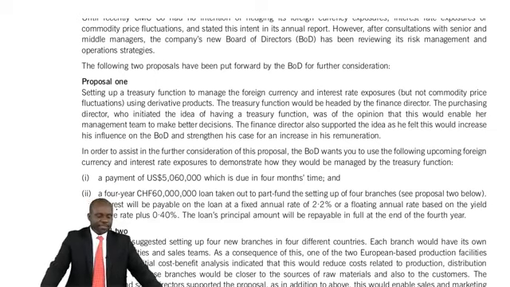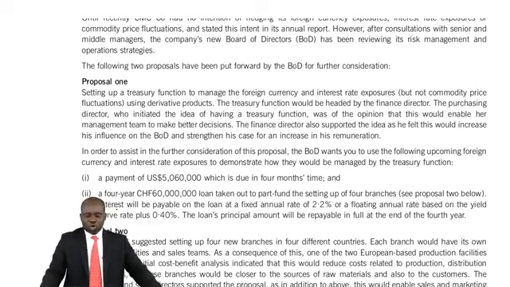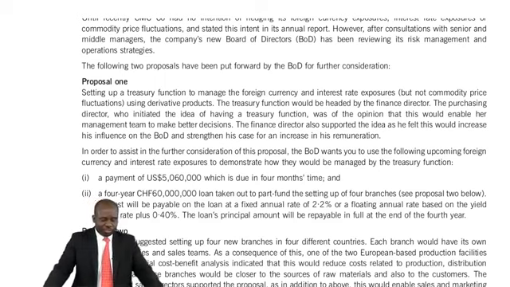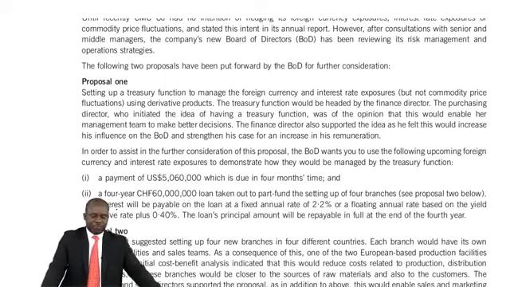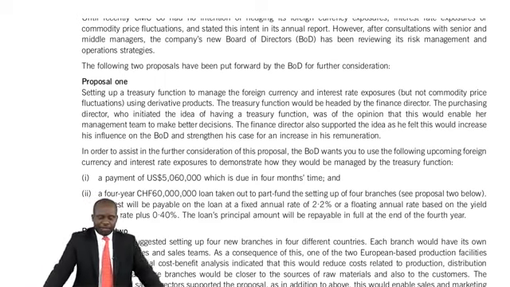Proposal 1: setting up a treasury function to manage the foreign currency and interest rate exposures, but not commodity price fluctuations, using derivative products. The treasury function will be headed by the finance director.